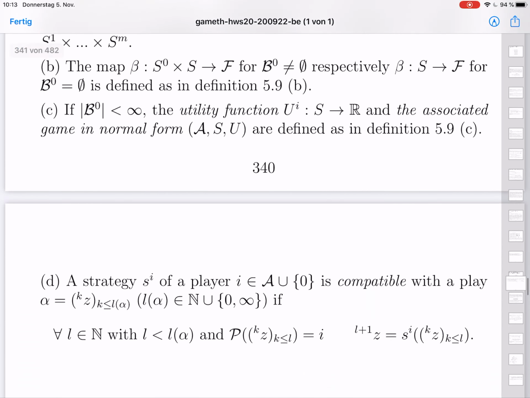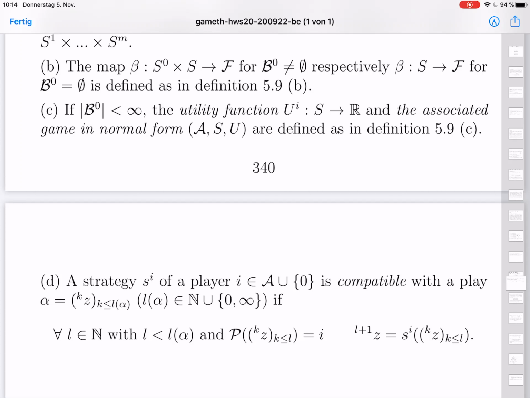So, and then the last part which I need here, which I did not need before in 5.9, is the following. Now a strategy SI of some player I, person player or nature, is called compatible with a given play if the player I somehow gives a correct contribution from his side to reach the play alpha.